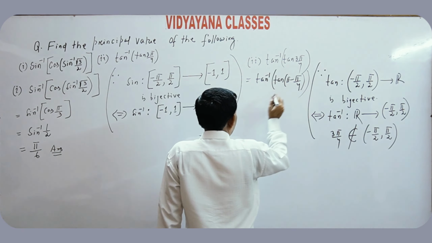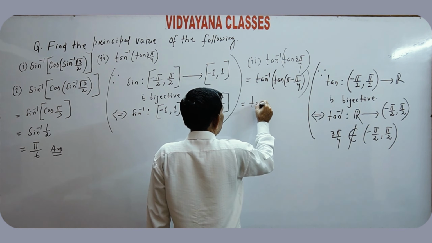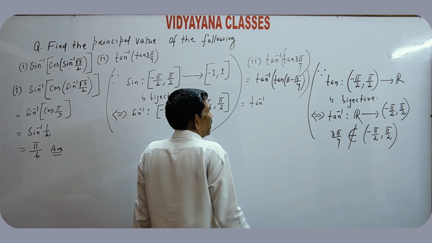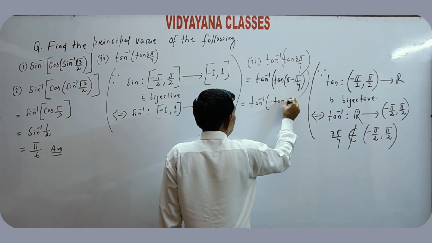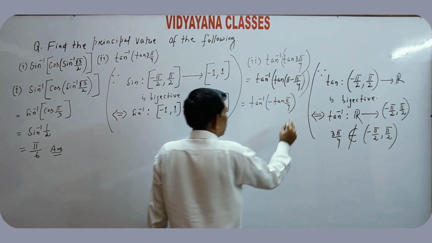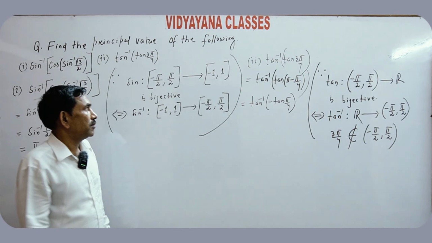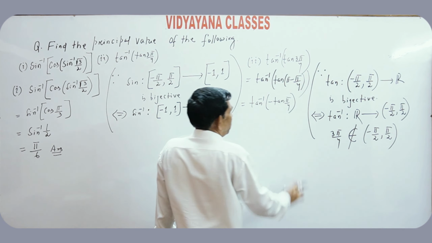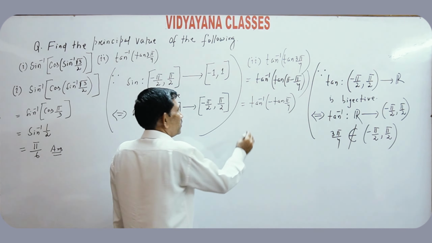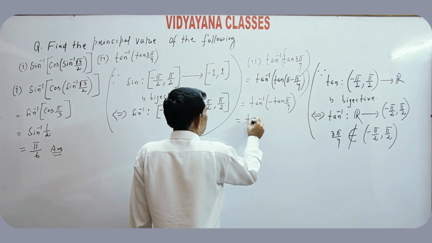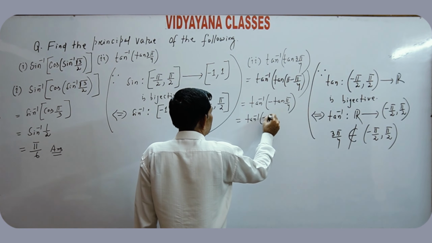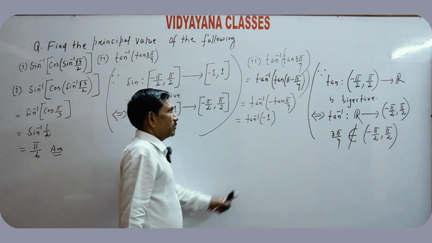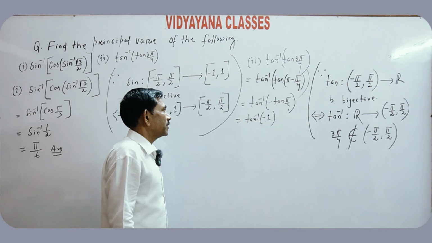Tan of pi minus theta is equal to minus tan theta. Theta means pi by 4, which is the same as tan inverse of minus tan 45 degree, that is 1. So it is minus 1.